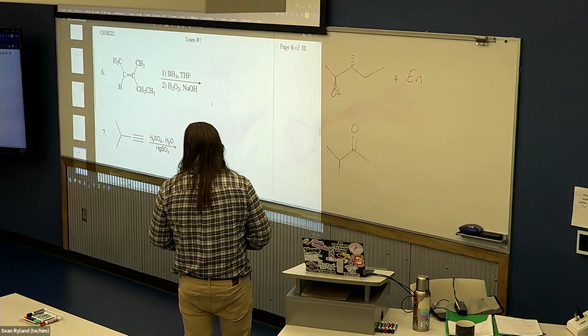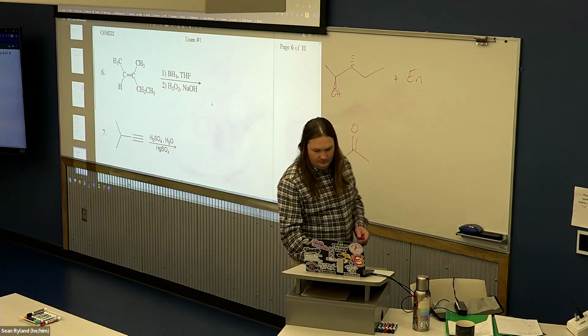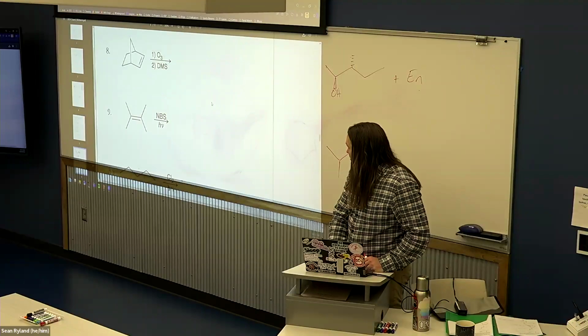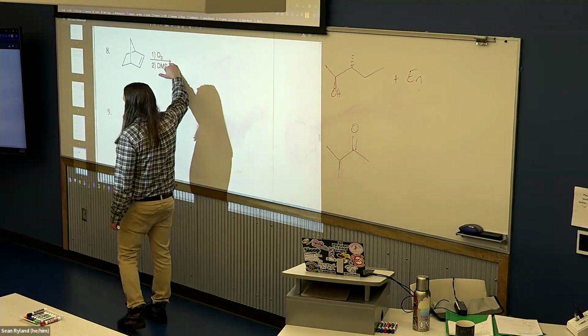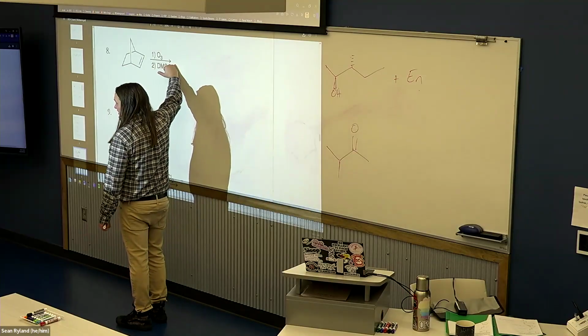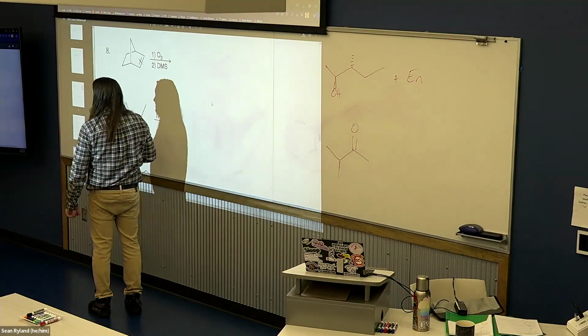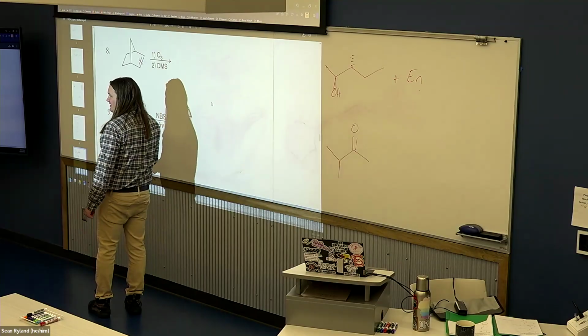Right, we start by making the enol and then rearrange. This one's going to look funky, but it's not actually that bad because all we're really doing is cutting right there, right? Which means what we're left with is a cyclopentane.